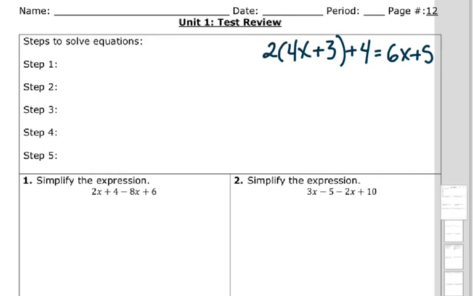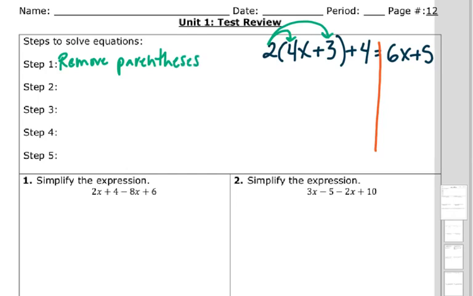Okay, so in this example, step 1 is going to be that we need to get rid of parentheses. So if we look at this 2, we need to get rid of it by distributing. So step 1 is to remove parentheses by distributing.